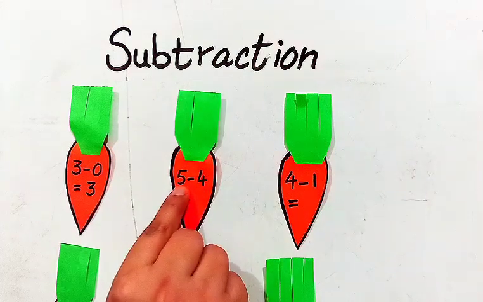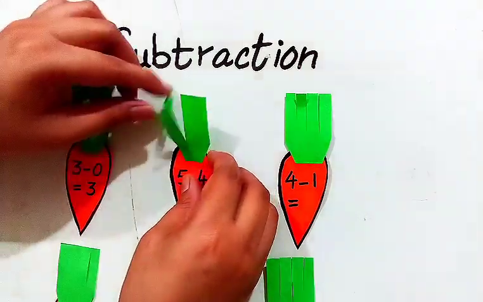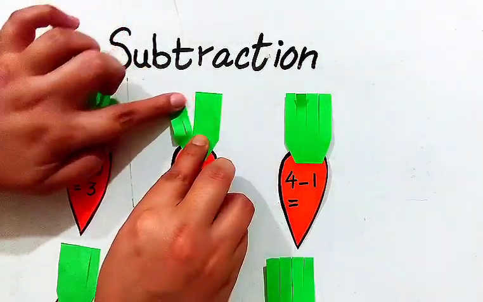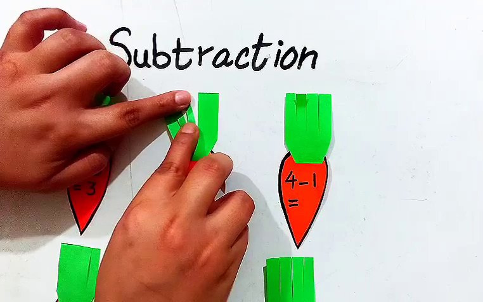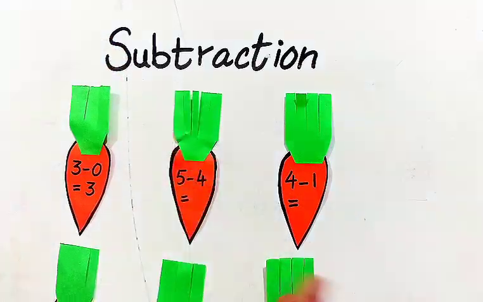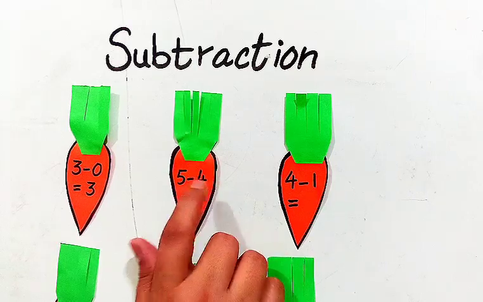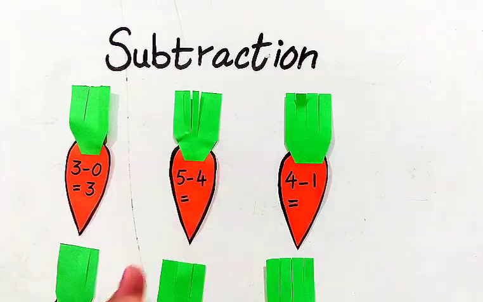Next we have 5 minus 4. Count with me. 1, 2, 3, 4 and 5. Now we will take away, repeat with me, we will take away 4.